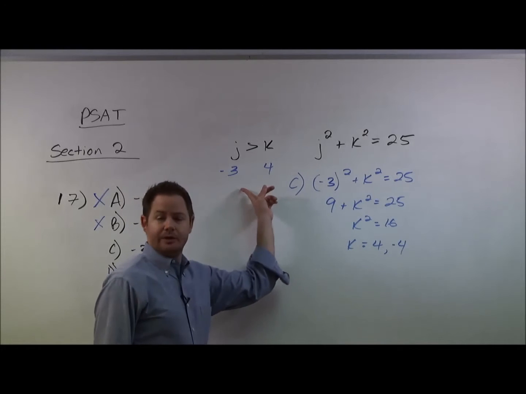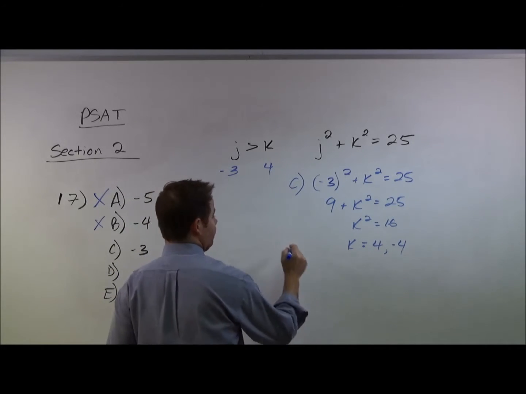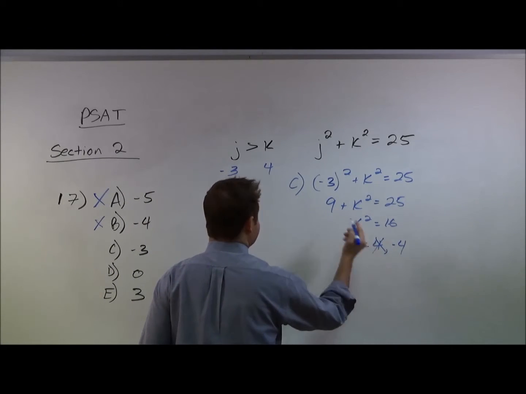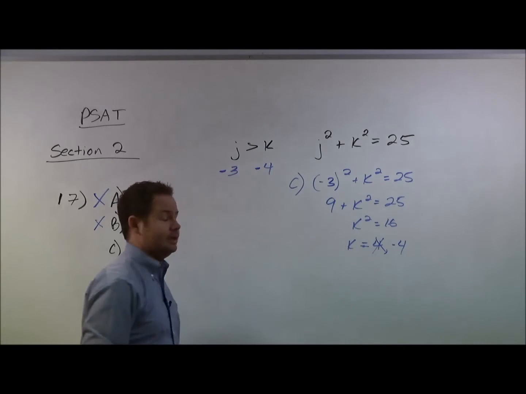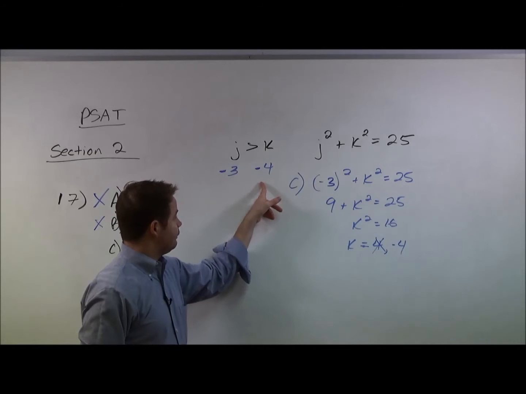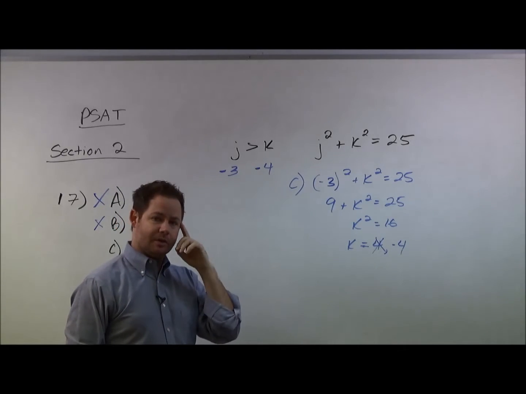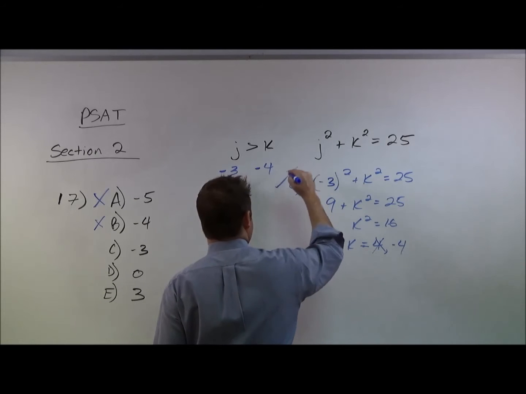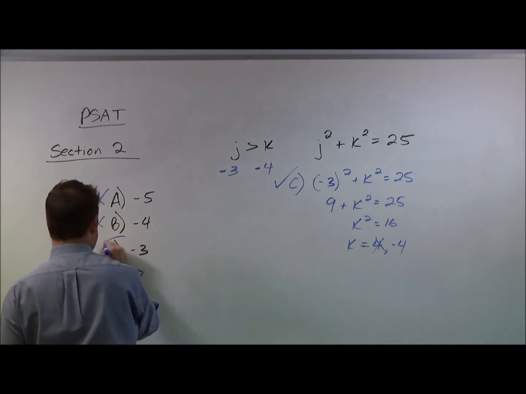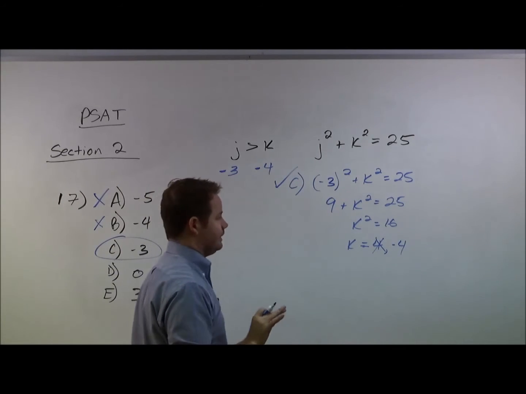We know -3 is not greater than 4, so that one doesn't work. But let's try -4. If we put in a negative here, -3 is in fact greater than -4. It's further to the right on a number line than -4 is. So this works, and therefore answer choice C is our correct answer.